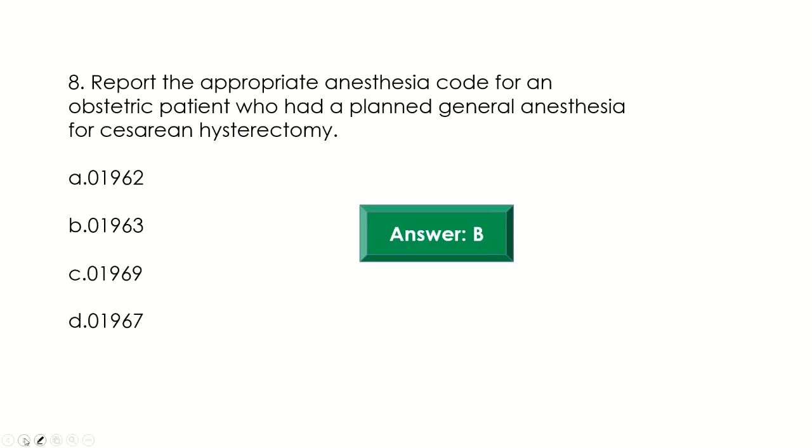You were right. Yes. I'll talk about that again in a minute, but we have an add-on code here which can never be first listed, so we could get rid of it. Our keywords here: anesthesia code, obstetric patient, planned, general anesthesia for cesarean hysterectomy.